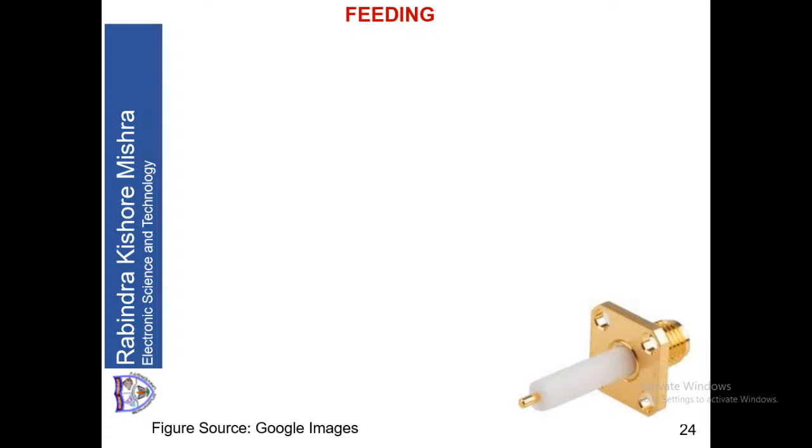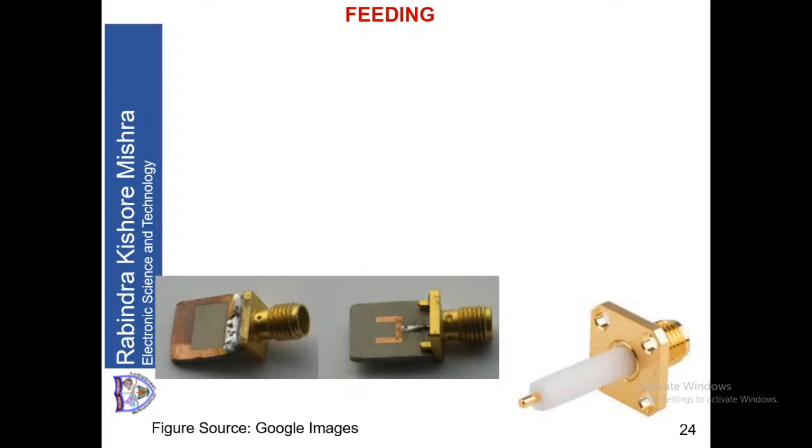You can see there is a coaxial connector, which has the tip of the connector, the golden colored part, pointing out the tip. Around that, there is a dielectric material, and the dielectric material goes into the outer part of the connector. The connector has three parts.